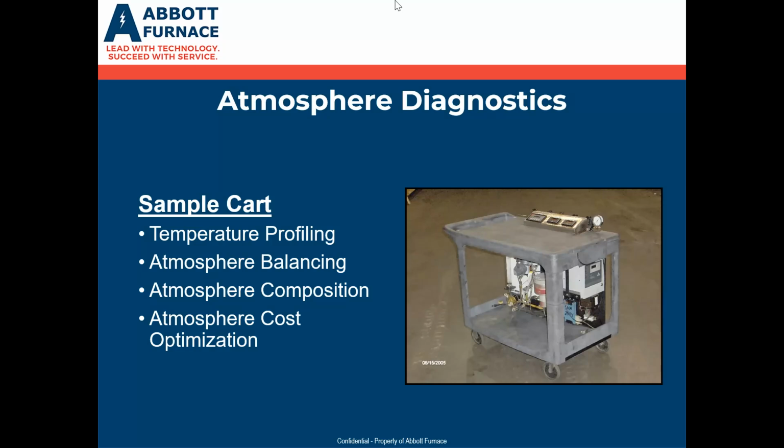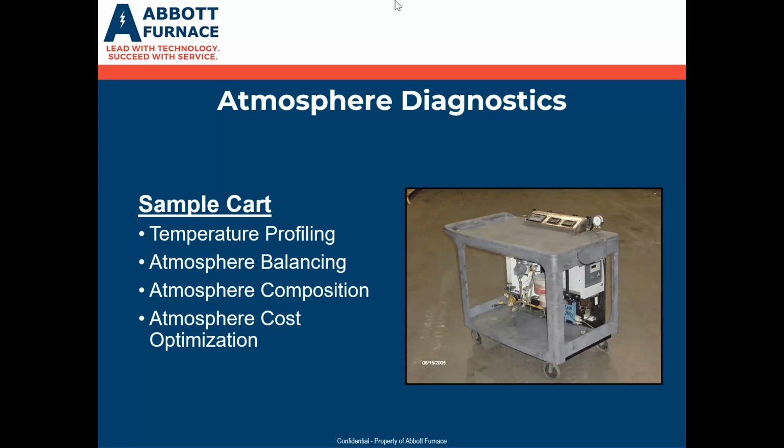We use those to adjust the rotaries to optimize the atmosphere and balance the furnace. Again, we're measuring the composition. We look at the hydrogen content in the furnace to make sure that there are no air leaks that are consuming the reducing gases or the hydrogen, or water leaks that are causing issues with the composition of the atmosphere.